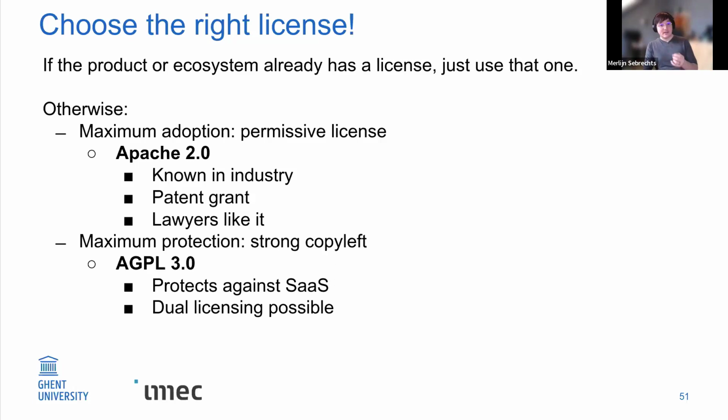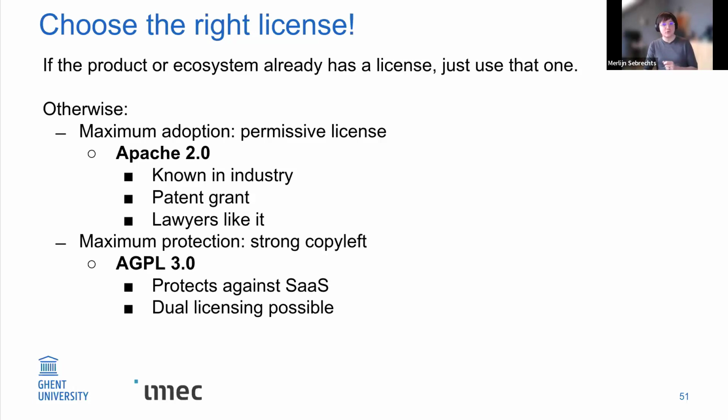However, if you say, no, the goal of open sourcing the software is not that as many people as possible use my code, but to actually have a business model that sells the software, for example, then go for a strong copyleft license, specifically the AGPL 3.0.